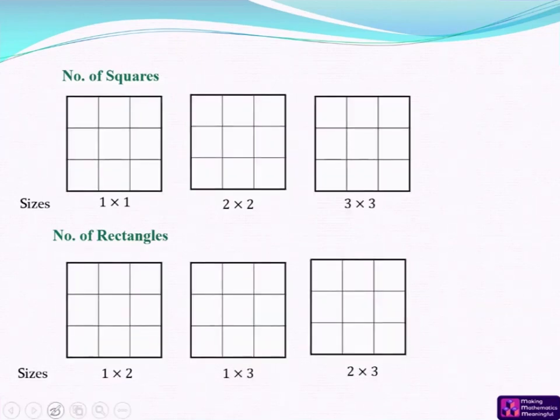Now let us consider a 3 cross 3 grid. In this 3 cross 3 grid, we observe that there are 9 smaller squares of side 1 cross 1, and how many are of size 2 cross 2?